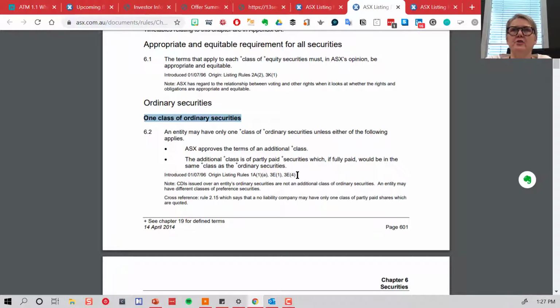That usually will require a meeting of a class of security holders. Those of you who have done company law will remember that if you're going to try and change the rights that attach to a class of securities, you need to get the approval of the majority of holders of that type of security.